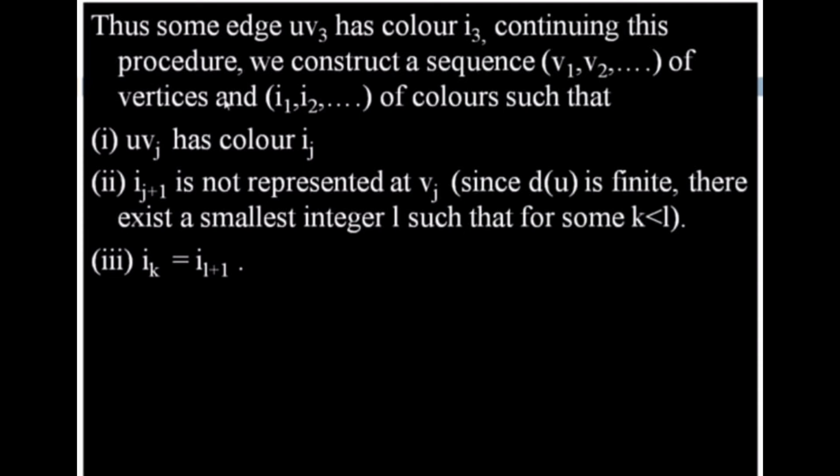Second, i(j+1) is not represented at Vj. Since d of U is finite, there exists a smallest integer l such that for some k less than l, third, ik is equal to i(l+1).